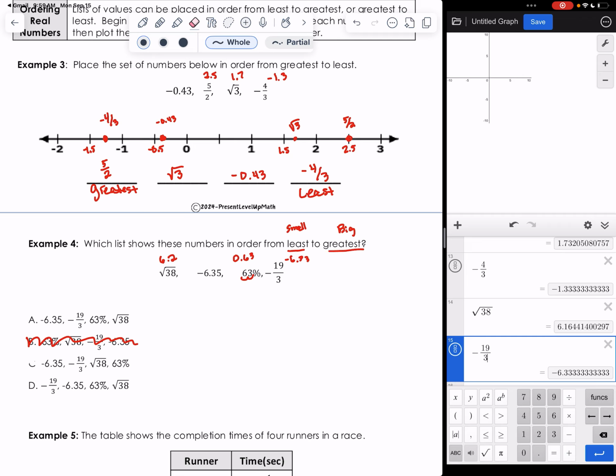So I can now get rid of answer C. Now I have left answer A or answer B. So I have to decide which one is smaller, negative 6.35 or negative 19 over 3, which is negative 6.33. So answer A, negative 6.35, is definitely the smallest number.